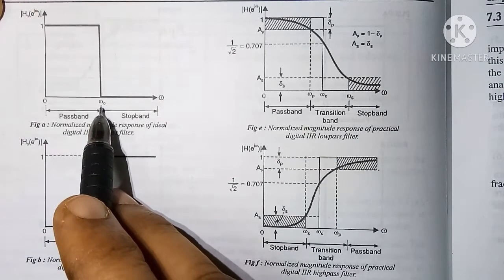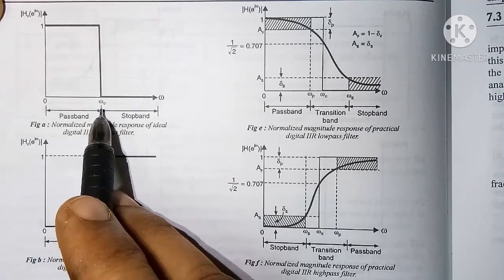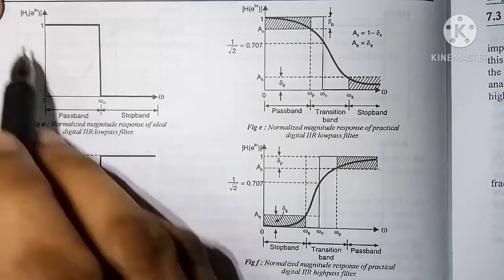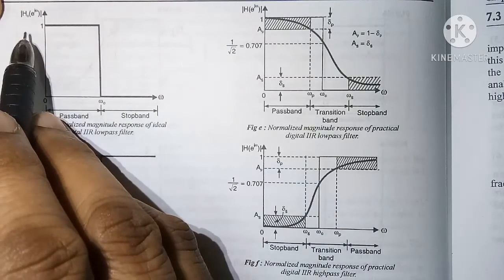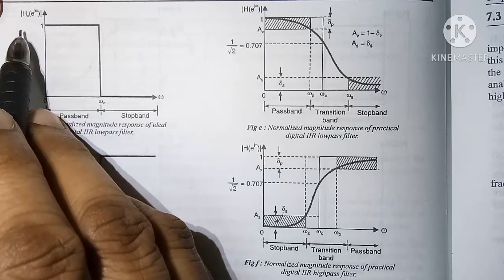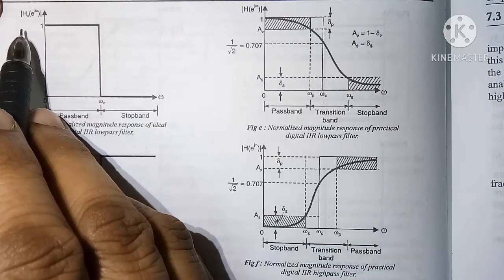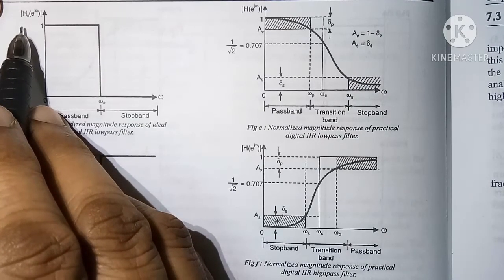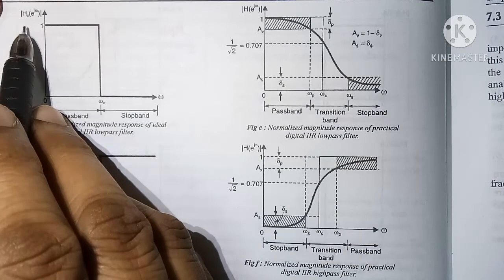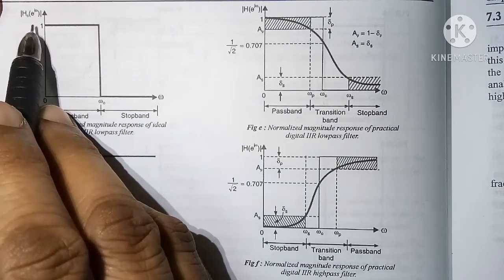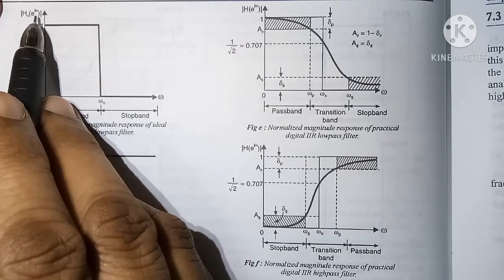So cutoff frequency capital omega c will be written here as small omega c, and the magnitude H of j capital omega is here written as magnitude of Hd of e raised to j small omega.